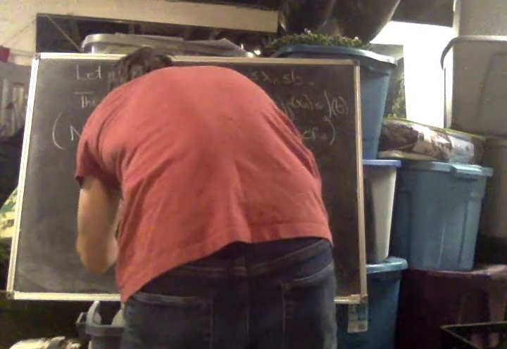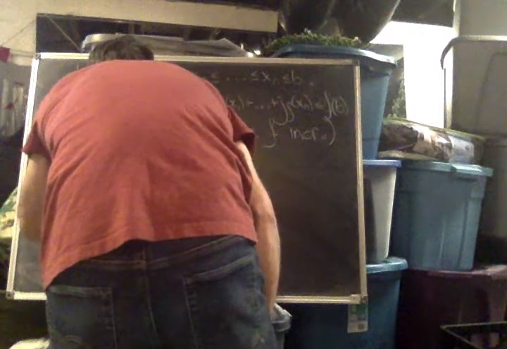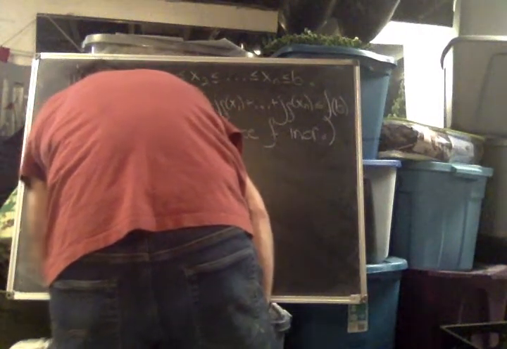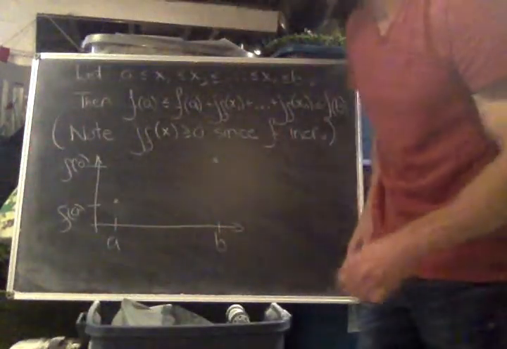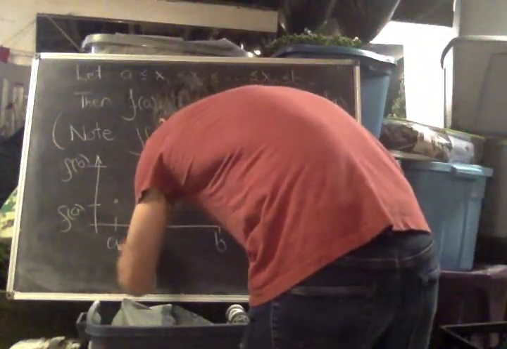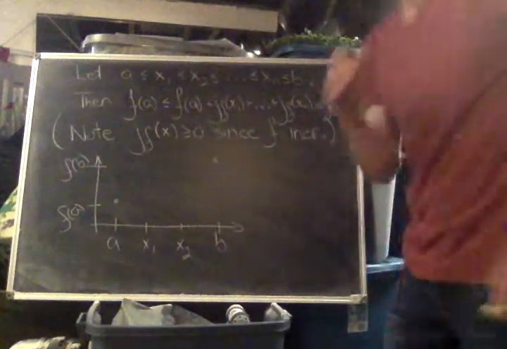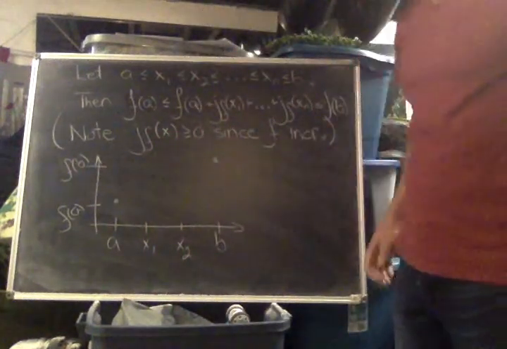let's draw a picture here. Let's say here's b, here's a, here are the endpoints, so that will be height f of b, and this will be f at a. Let's take this situation where we just have a couple of these points, say x1 and x2.